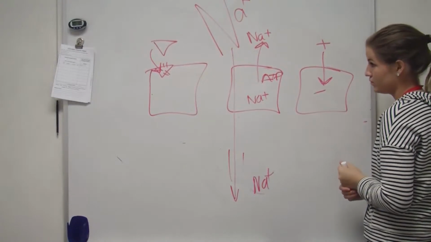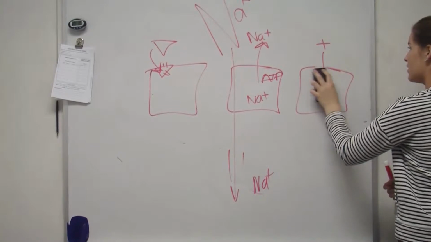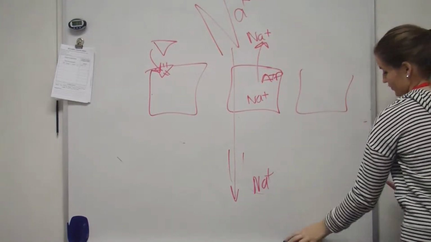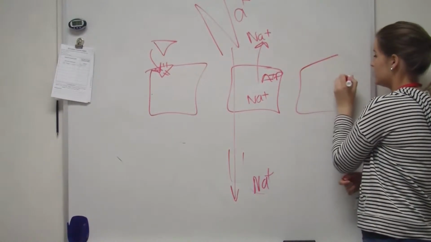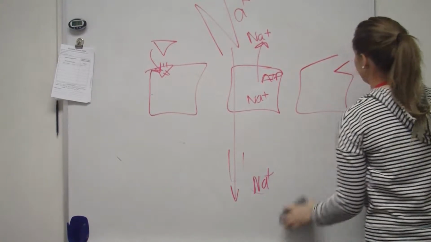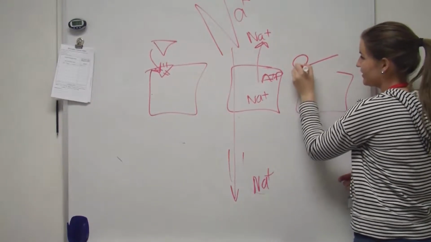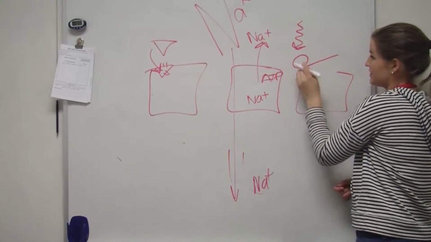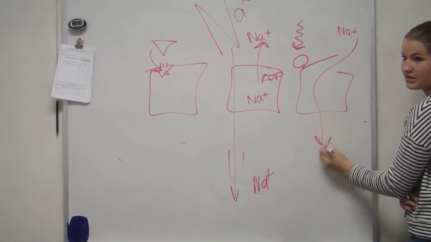The voltage gated, how would that work with that? This one for voltage, it's kind of going to have these gates. So anytime we talk about voltage, it's normally going to be like voltage gated channels. So basically this is going to have a little receptor on it, and then when a certain charge comes in, this gate's going to open up and allow, let's say, sodium into the cell.